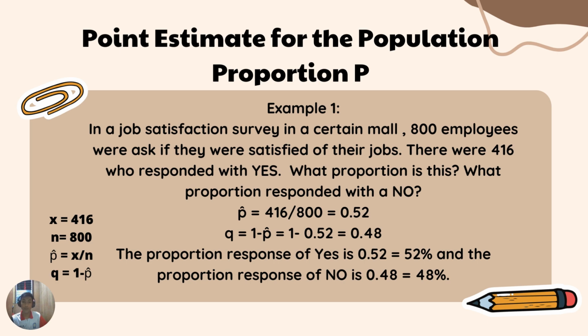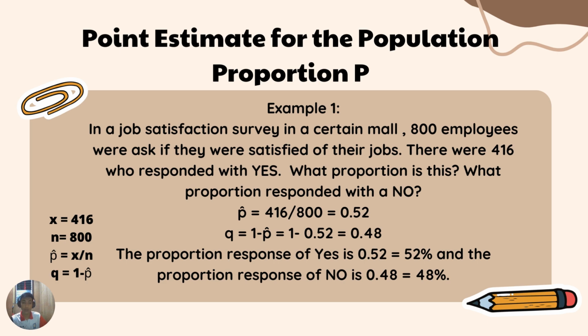First things first, we need to find the values that are already given. So our x is equal to 416, and our n is equal to 800. We have here the formula we discussed earlier. p hat is equal to x over n, and q is equal to 1 minus p hat.